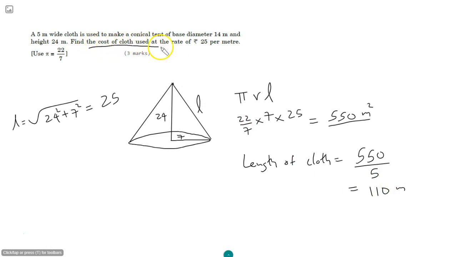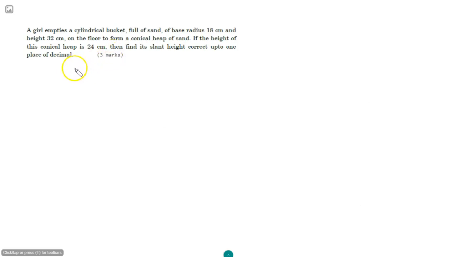Find the cost of cloth at the rate of rupees 25 per meter. So to find the cost, you have to multiply the cost per meter by the total length needed, which is 110. The cost is going to be rupees 2,750.